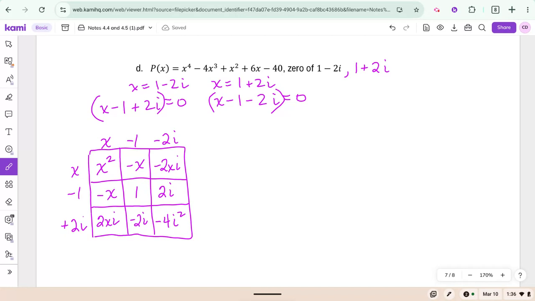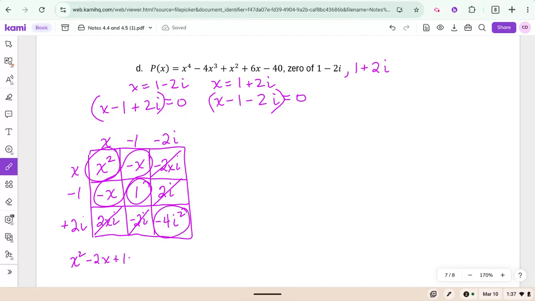Now, I see some things that cancel. For example, a positive 2xi and a negative 2xi cancel. And a negative 2i and a positive 2i cancel. So what I have left is an x squared. I can combine these two: minus x and minus x makes minus 2x. I have a positive 1.